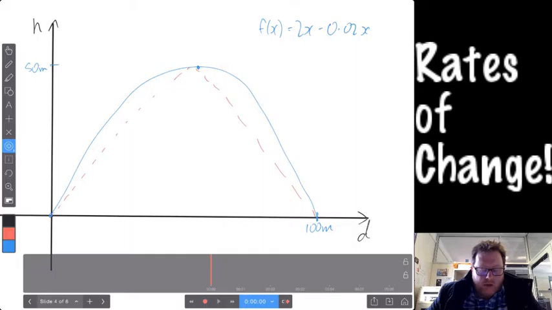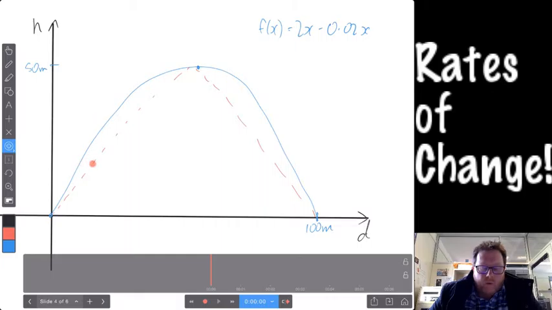Now, if we used an average, that would give us some understanding of the height per distance across, but it doesn't really tell us a very good story. If this is the line that would be given by that, and I was trying to work out how quickly the ball was climbing into the air at, say, this point, it doesn't really tell us. If I use the average rate, it would actually be giving me a much slower rate than it actually was.